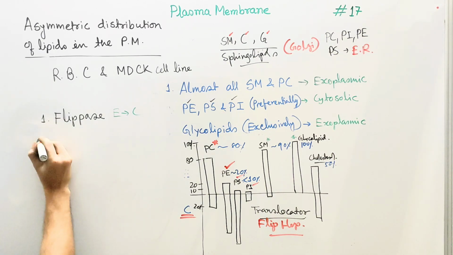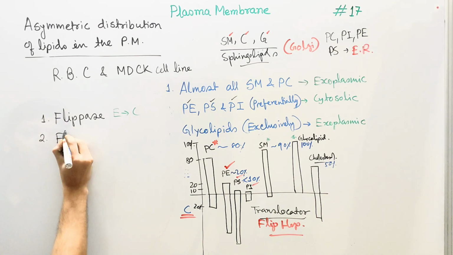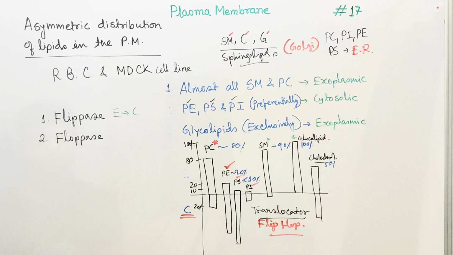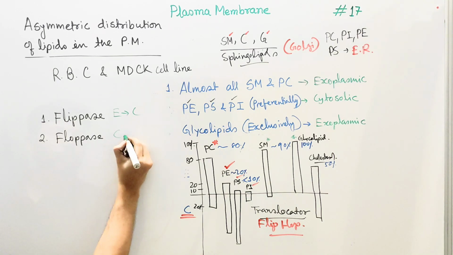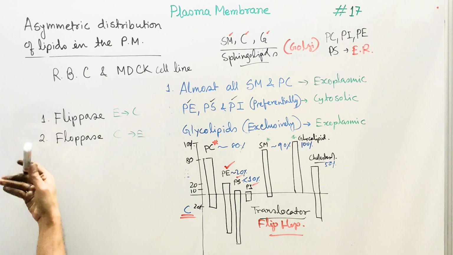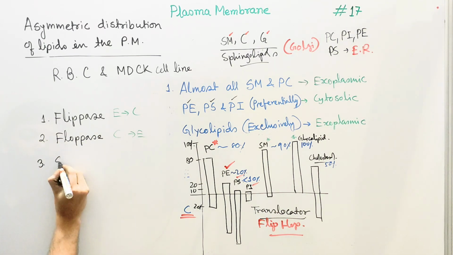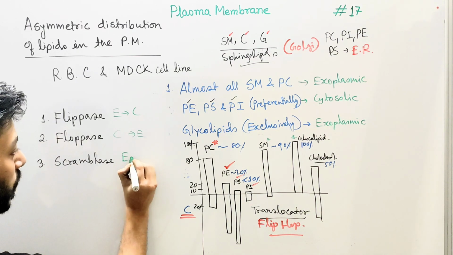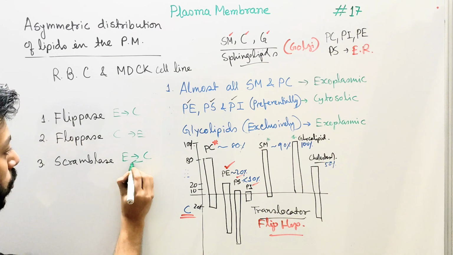Another type of enzyme is called floppase. They can transfer the lipid molecule from the cytosolic to the exoplasmic leaflet. And there is another group of enzymes called scramblase, that can move the lipid molecules from either side, from the exoplasmic leaflet to the cytosolic or cytosolic to the exoplasmic, in both directions.